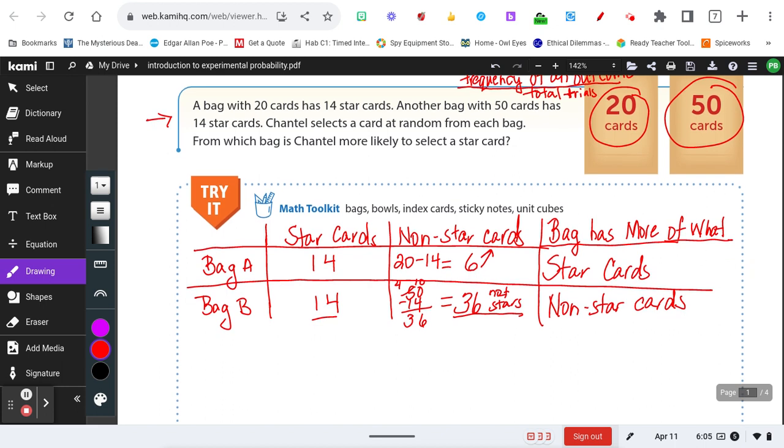So which bag is she more likely to select a star from? Well, the bag that has more stars versus non-star cards.